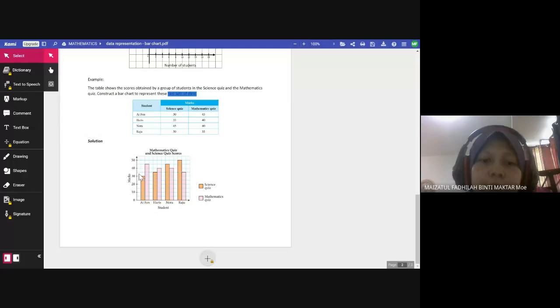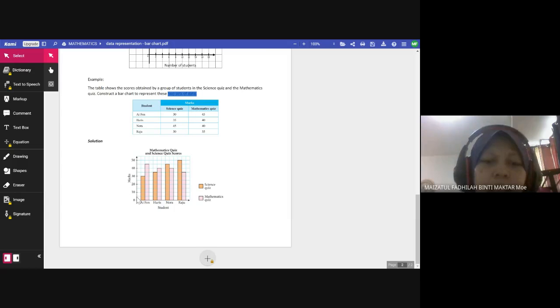Same. Define first the scale and the name. Define the name of the horizontal axis and vertical axis. You can see, right? So then we just take from this one. Mark, alright? Remember, for the vertical axis, you just see the name of the table here. Mark and define.